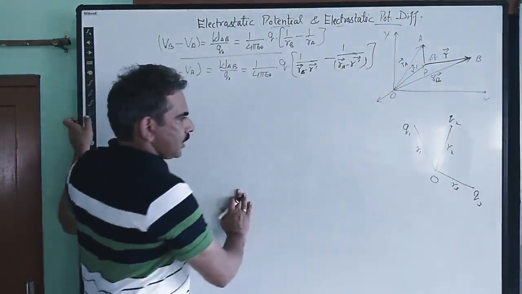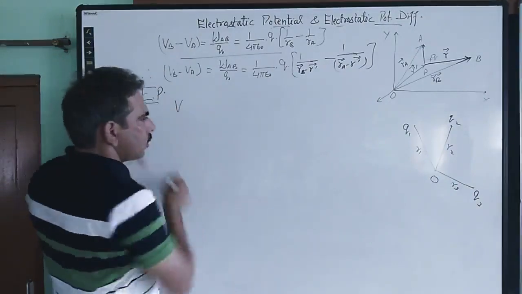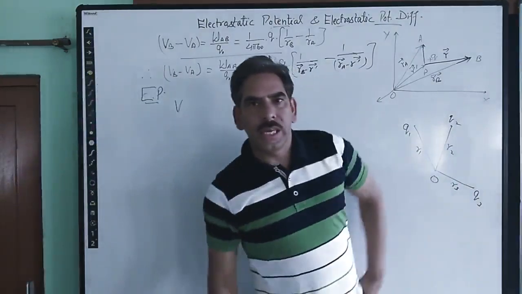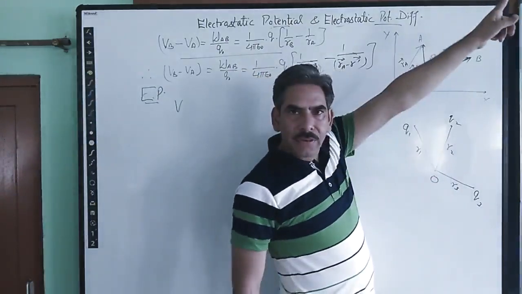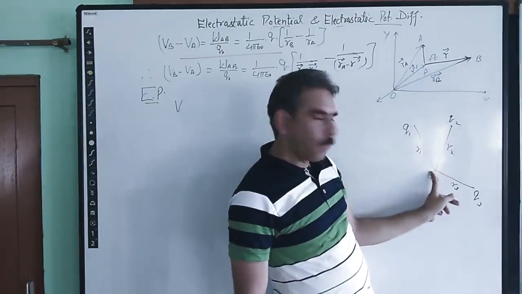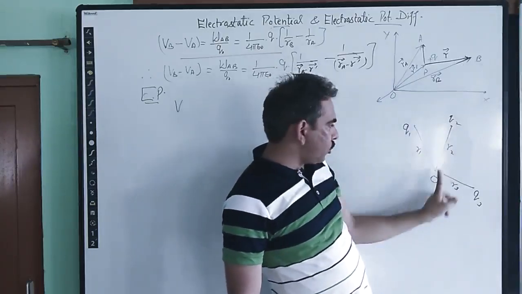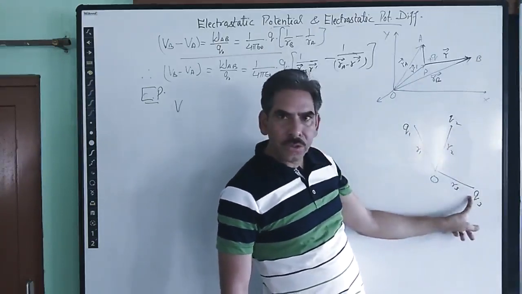So in that case, we can simply write the expression for the electric potential. So what is the electric potential at O? The amount of work done against the electric field of charge Q1 in taking it from infinity to position O, plus the amount of work done in bringing the same charge from infinity to this position against the electric field of charge Q2 and then against the electric field due to charge Q3.